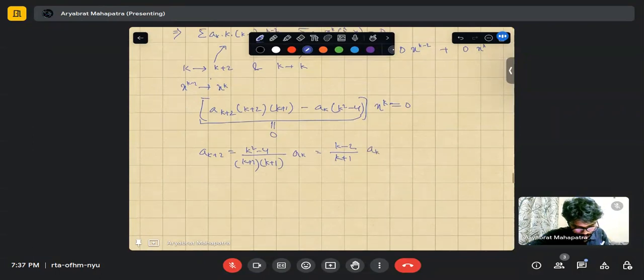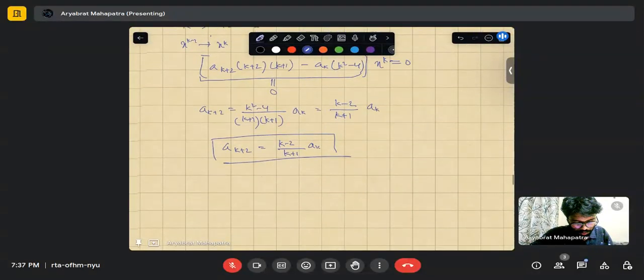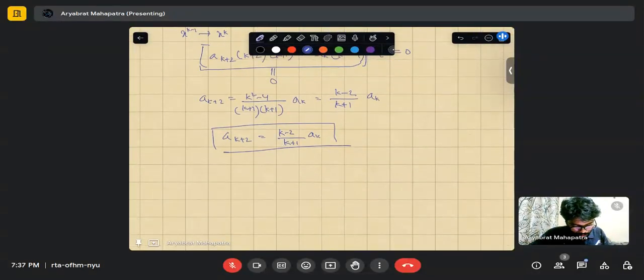So this relation is basically your recurrence relation. Once you have the recurrence relation, you simply have to determine the different a values, that is a0, a1, a2, and so on.